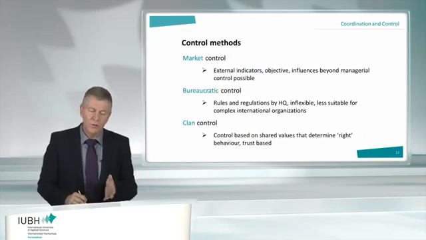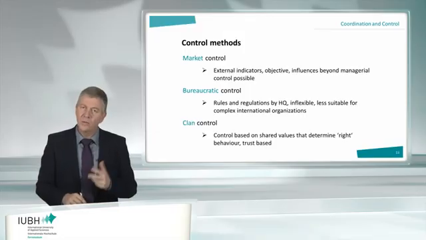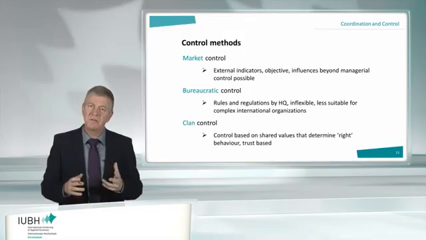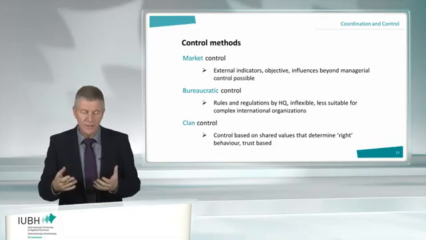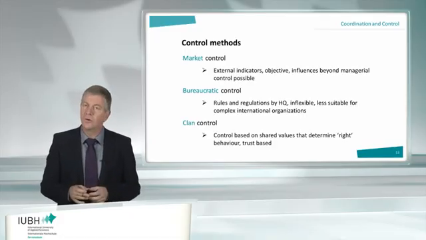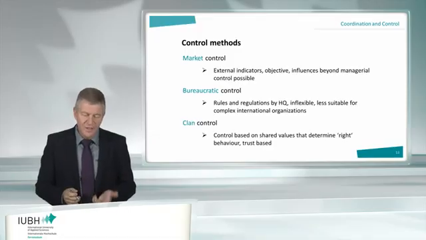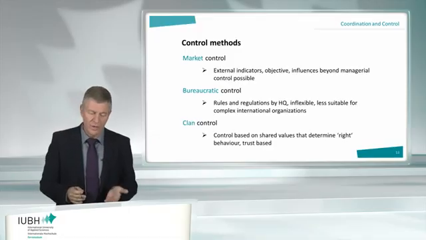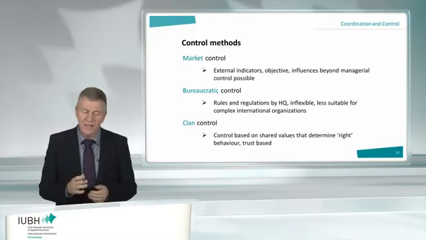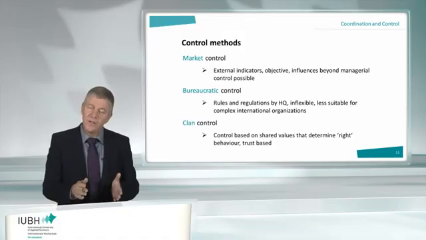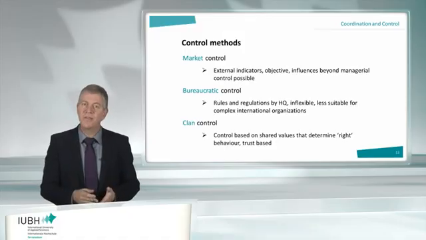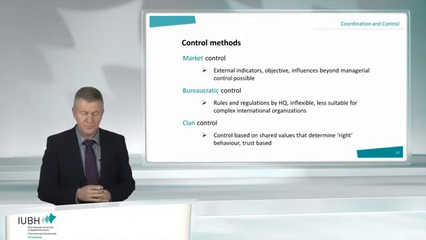We now want to talk about control methods. And again, we have three different characteristics or possibilities for how to structure your control methods. We distinguish between market control, bureaucratic control, and clan control. And again, you will find elements of all of them in a company, but then to a varying degree.